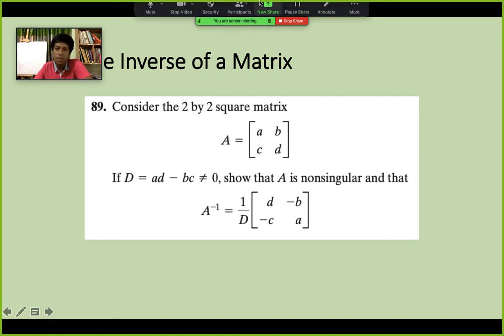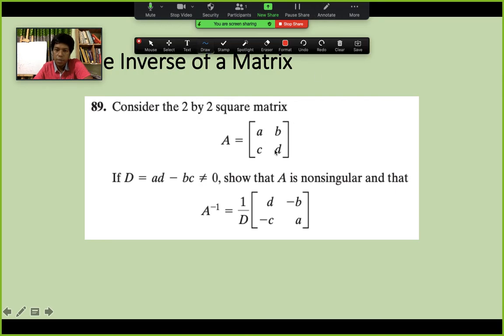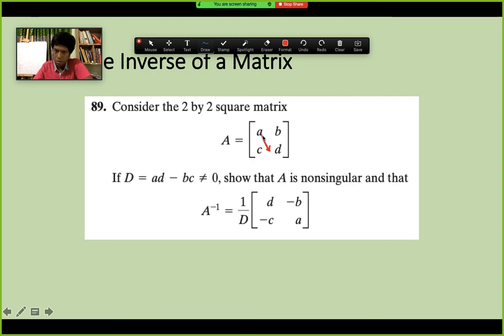See what happens here: these two numbers interchange the position, and these two numbers remain wherever they are, and just take the negative sign. Here it is 1 divided by D, this is called the determinant, not discriminant. Discriminant is B square minus 4AC; this is the determinant.